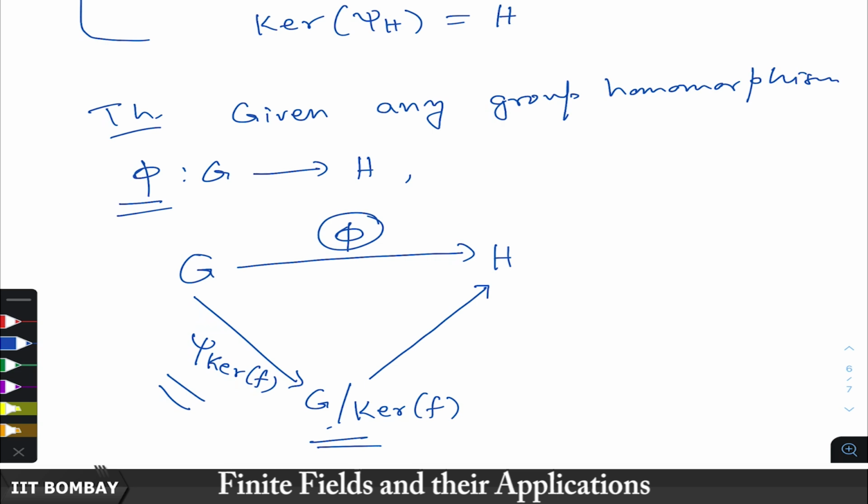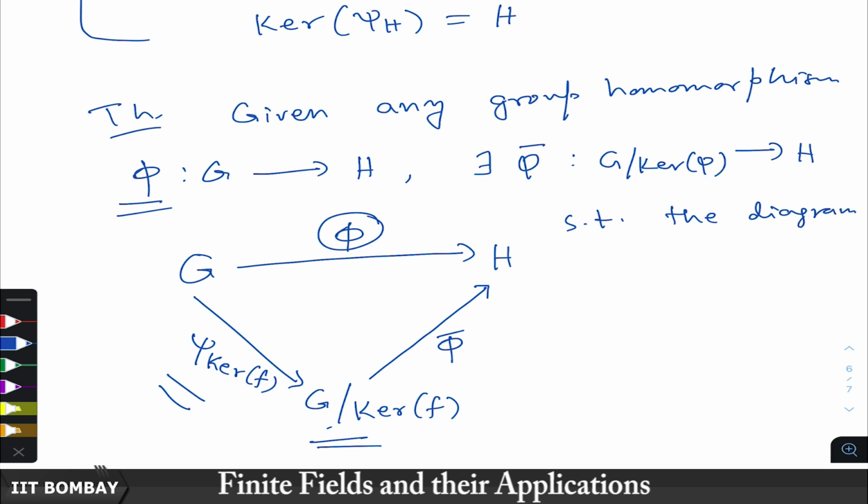So, this map let us denote by phi bar. Given any group homomorphism, there exists a phi bar from this quotient group to H, such that the diagram commutes.